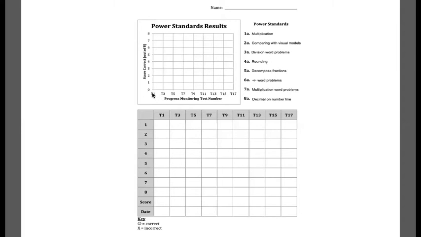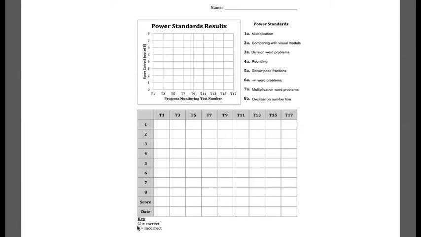So test 1, 3rd graders can do a bar graph. Let's say they got 2 right. They can color in up to 2 for test 1. And then down here on test 1, they will look at their test and decide, did the teacher mark it right or wrong? If right, they can put a smiley face.